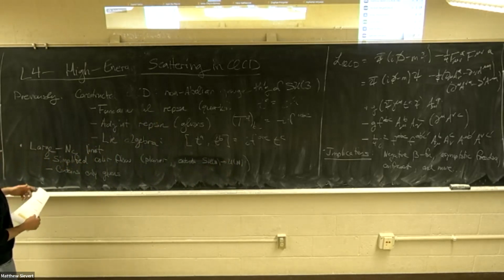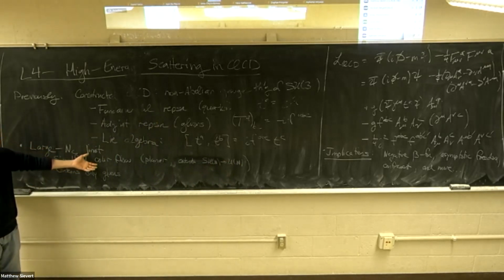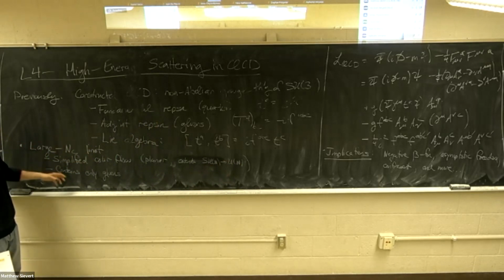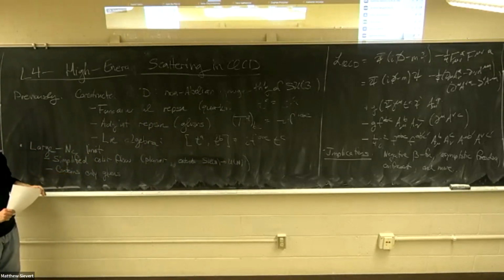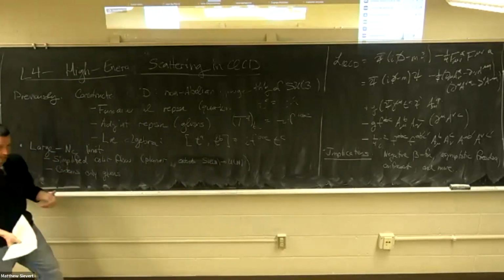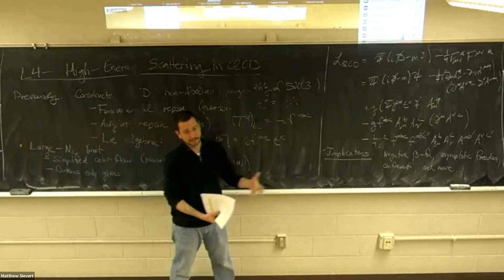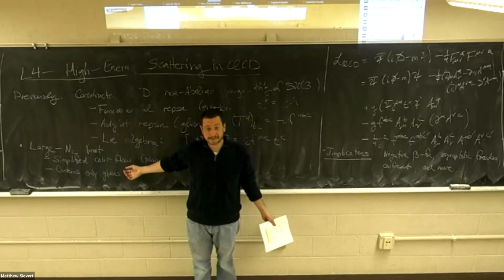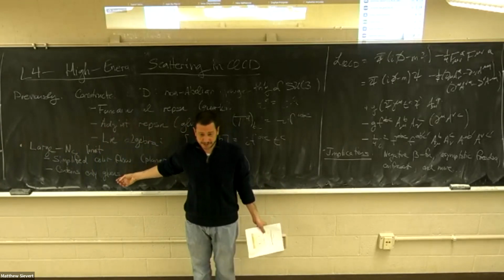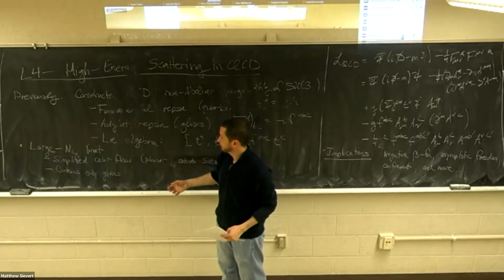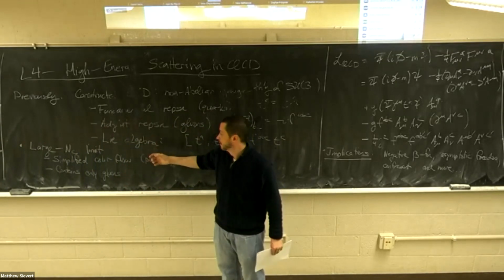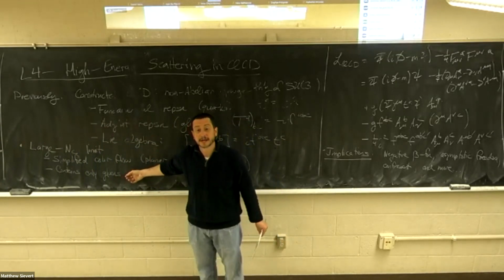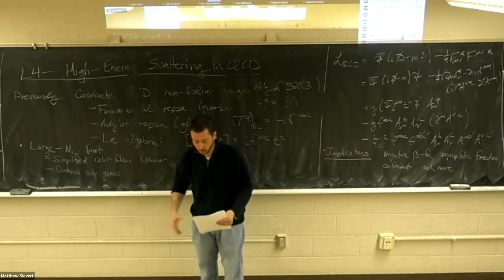The other interesting thing is that the large N_C limit, because it picks out the dominant color space, contains only gluons. And that may be a good approximation for the physics you care about or a poor approximation for the physics you care about, depending on whether your observable is dominated by gluons. So just keep in mind that large N_C is great for simplifying the color properties, but doesn't necessarily simplify anything else like spin or flavor or other quantum numbers.